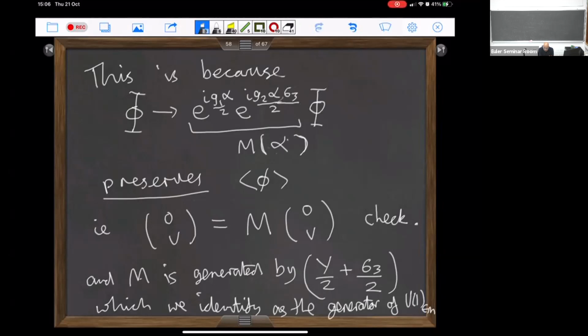In particular, let's look at the 2x2 matrix M of alpha, which is generated by, in the hypercharge direction, 1/2, and in the SU2 directions, we're going to use the same parameter alpha and go in the sigma 3/2 direction.